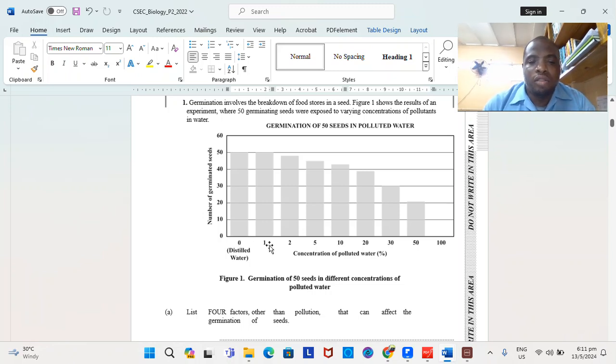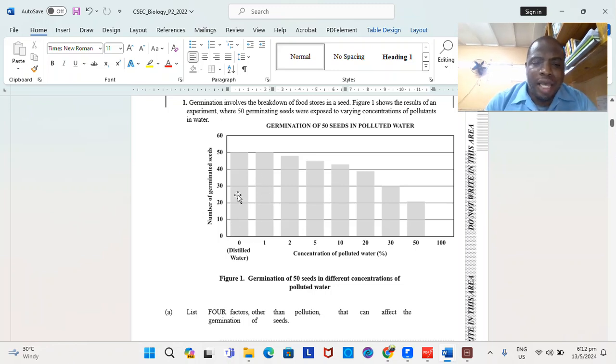We have 1%, 2%, 5%, 10%, 20%, 50%, and 100% in terms of the concentration of polluted water. If you want to look at the number of germinated seeds, you're seeing how many seeds germinated when you had the water at varying concentration with the pollutants.